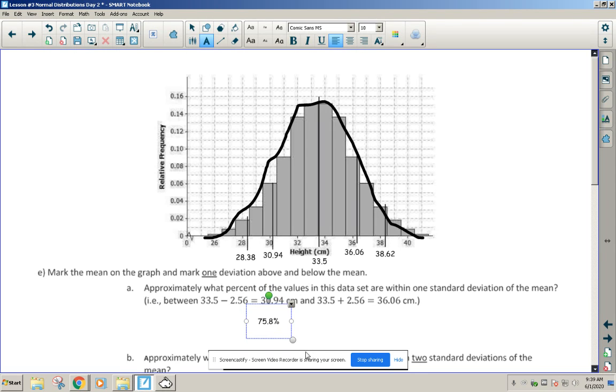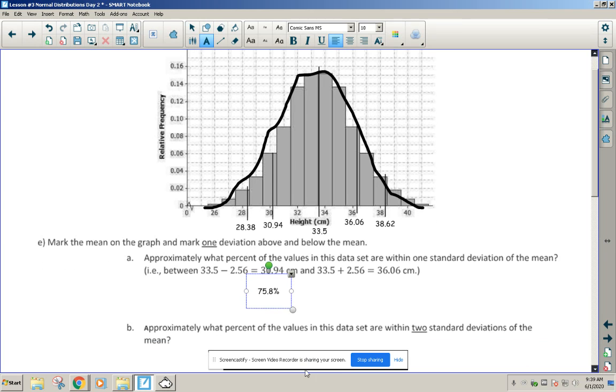And now if they say approximately two standard deviations, well, two standard deviations were 28.38 and 38.62.